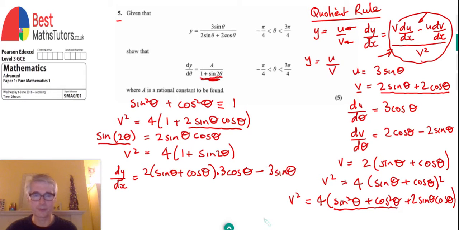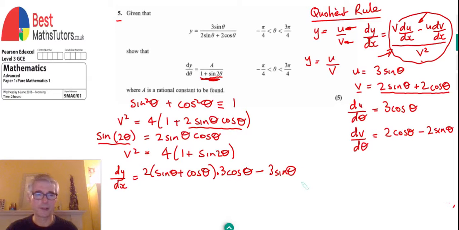Just make a little bit of space here so we can carry on with this. So we're going to multiply that 3 sine theta by our expression for dv/d theta, which is this 2 cos theta minus 2 sine theta. So again, I could refactorize that as well. I could make that 2 cos theta minus sine theta, just make it a bit easier when I put it into this.